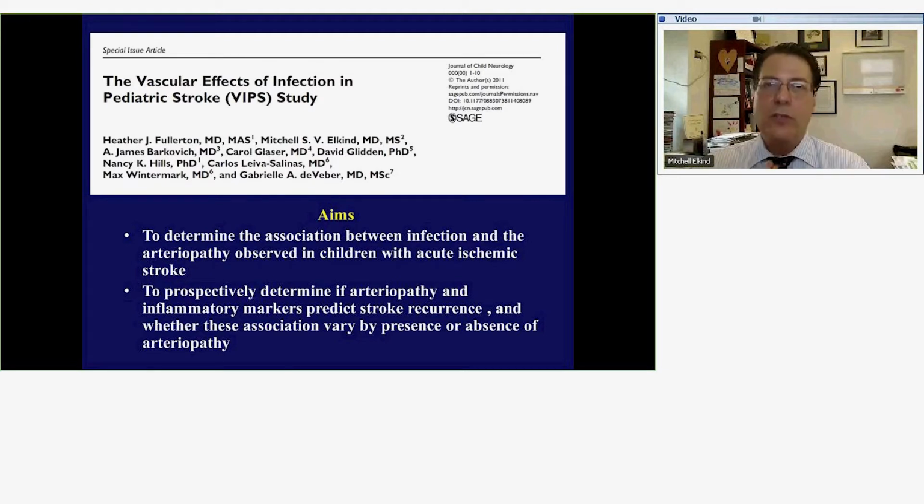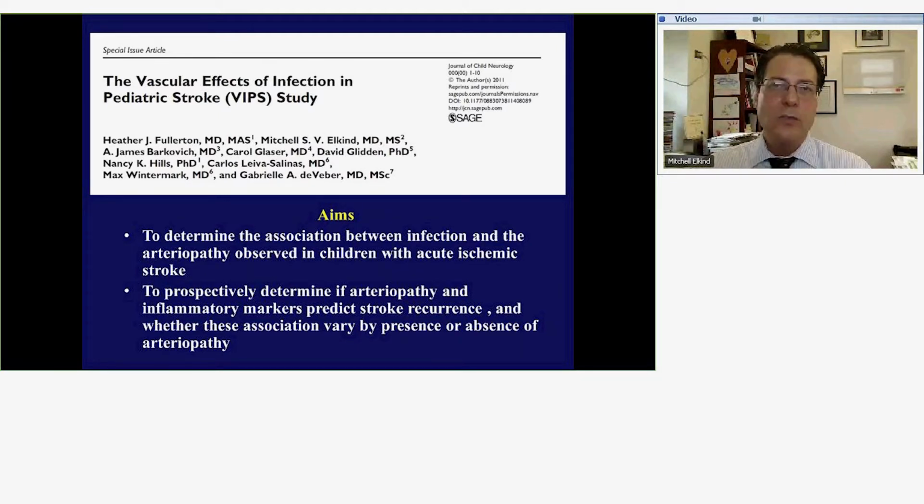To study stroke in children, you have to include a number of centers because each center only has a very small number annually. So they were able to get 40 centers, including Australia, Hong Kong, Croatia. I don't know if there were any in Switzerland involved. And each center enrolled kids with stroke as well as controls.